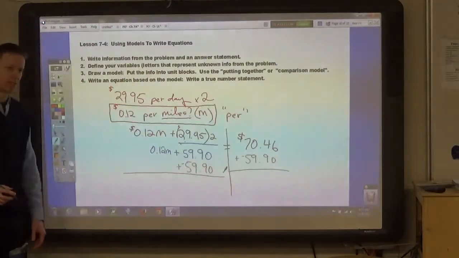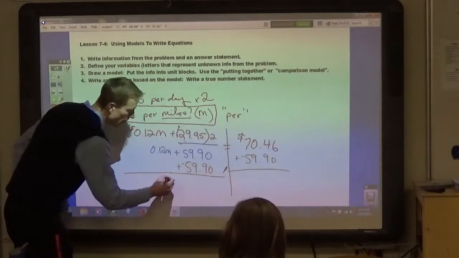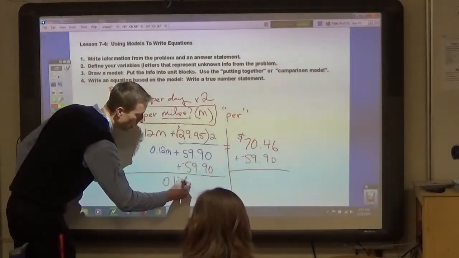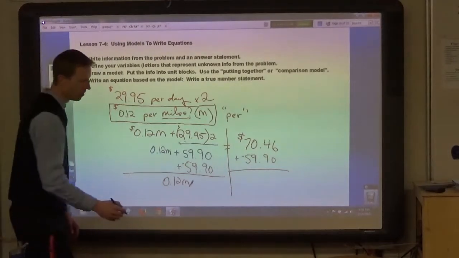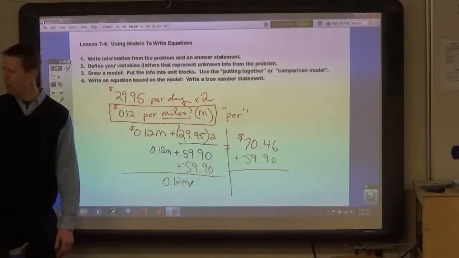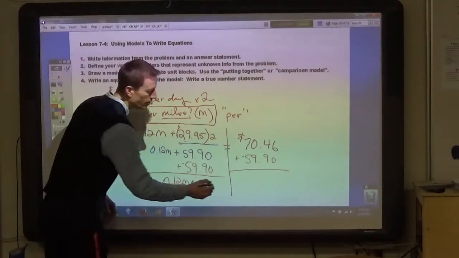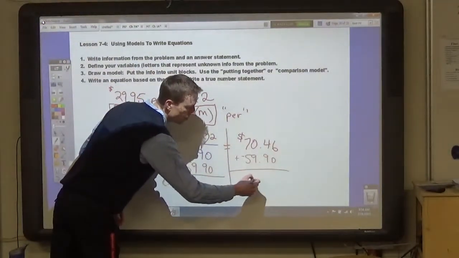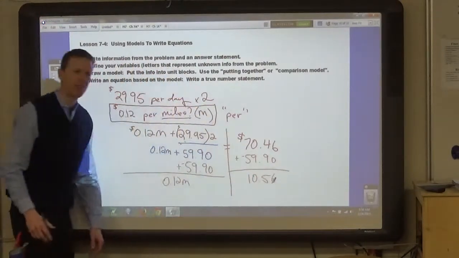Keep it balanced. Then what? Now we have the 0.12 m by itself. And that equals what? It says in your book, 10.56.